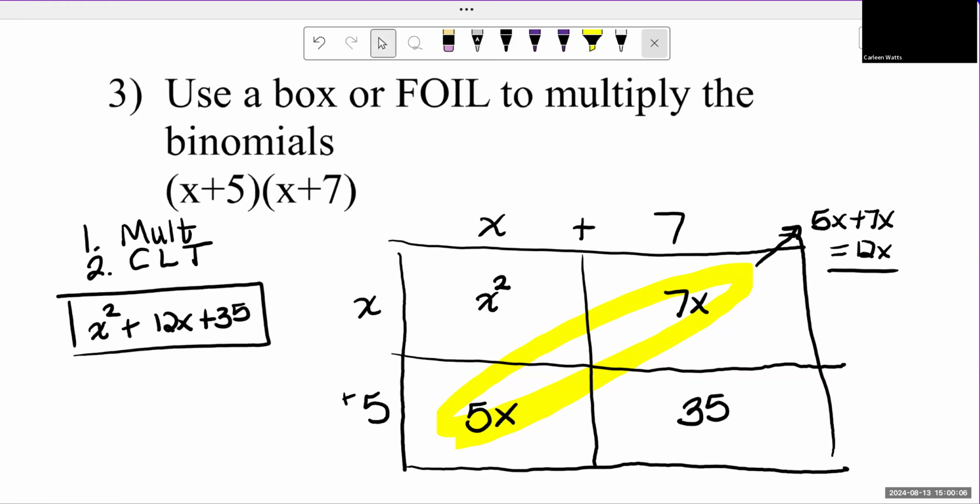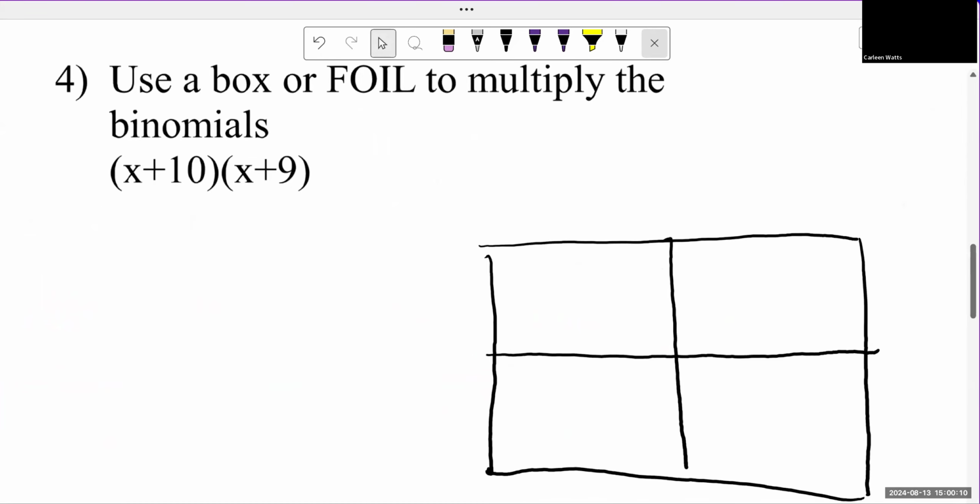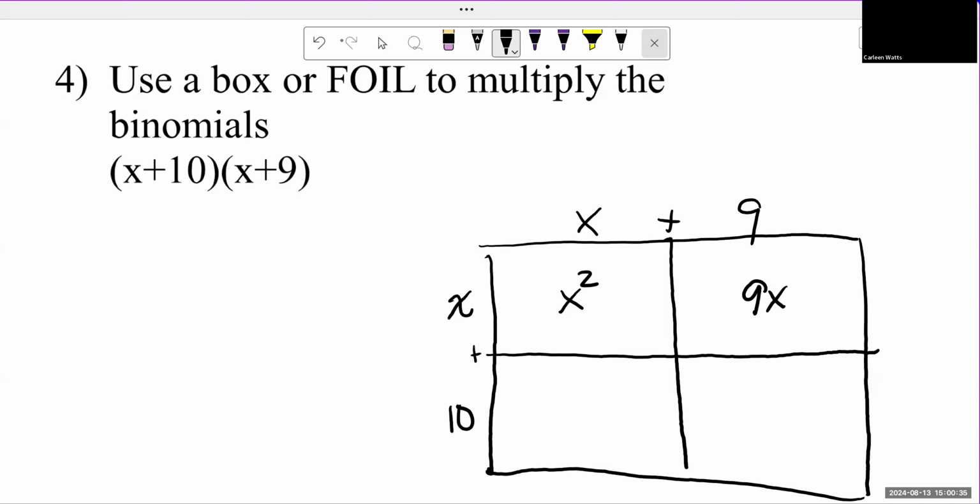Let's try again. So we're going to have x plus 10 and x plus 9. Okay, what goes in this first box? X times x is x squared. When you multiply, the exponent changes. This box is 9x.